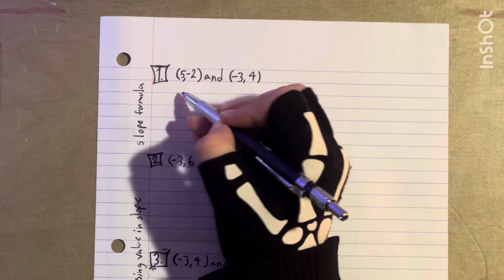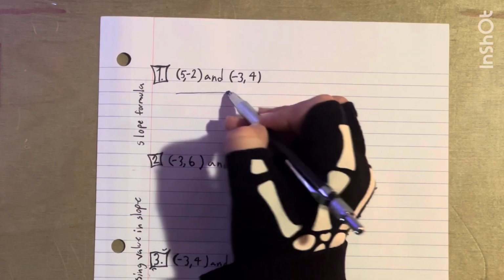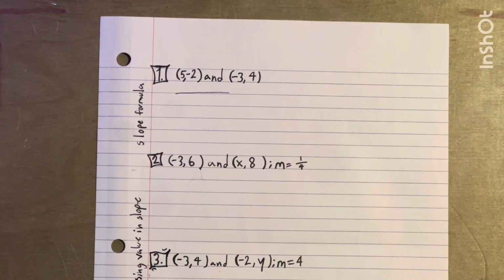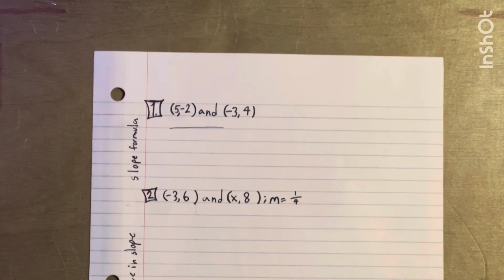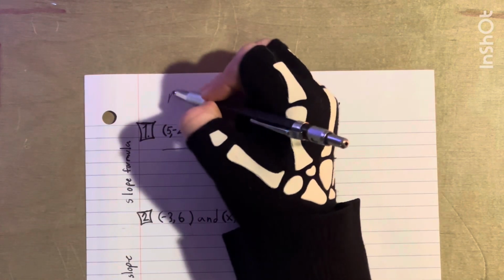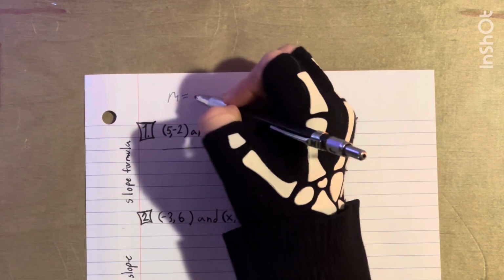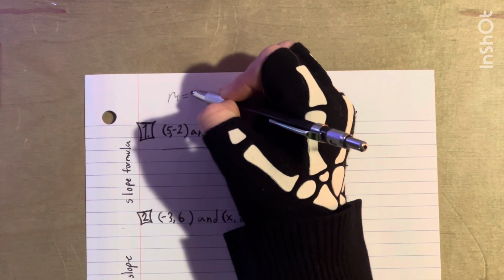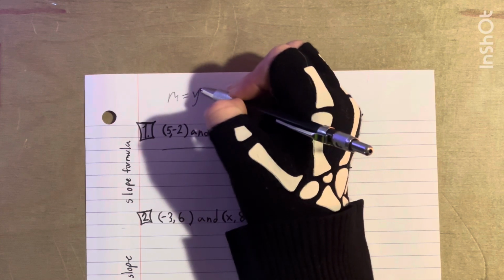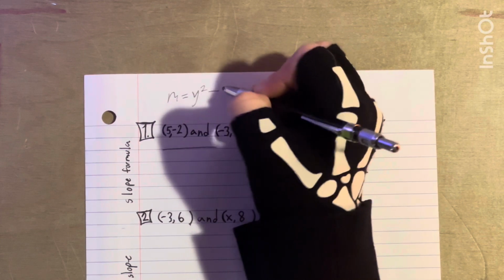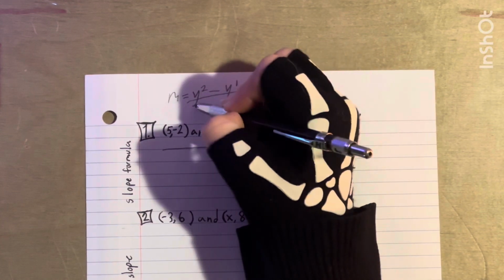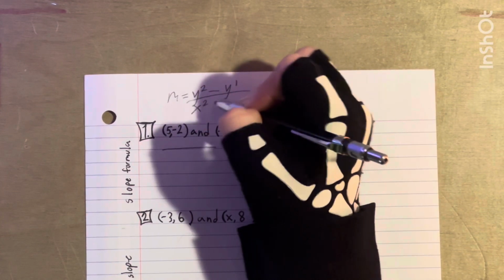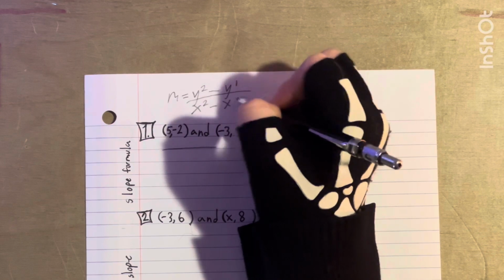So first, draw a line, and you need to first know the formula, which is m equals y2 minus y1 over x2 minus x1.